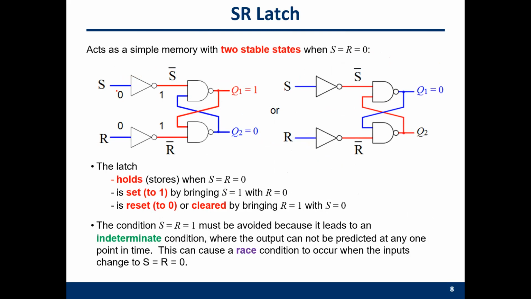So if we send a 0 here and another 0 here, if S is 0 and R is 0, then because these are two NOT gates, these are 1s. This is a NAND gate.